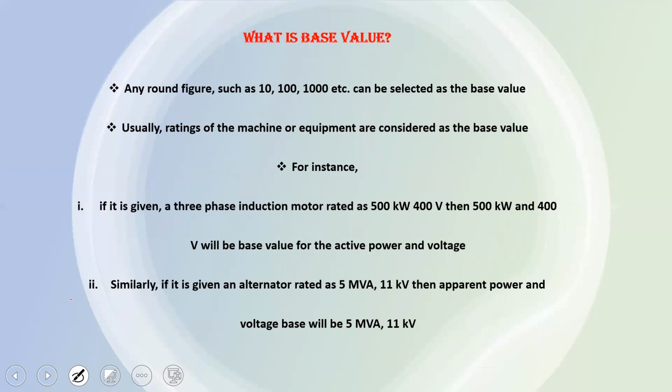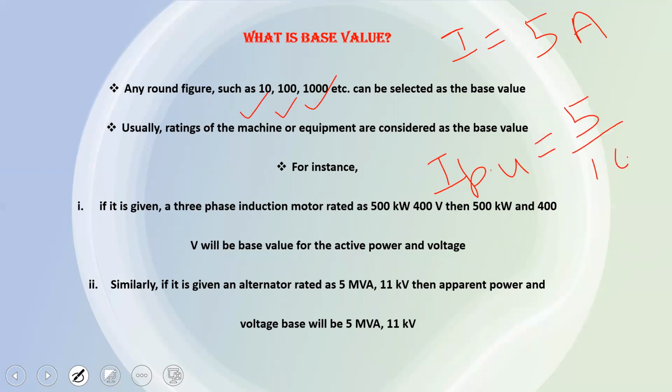It depends on you. Suppose I am asking you: the current through a machine is 5 ampere, and convert this current in per unit. You can take any base value. Suppose one student takes base value 10.